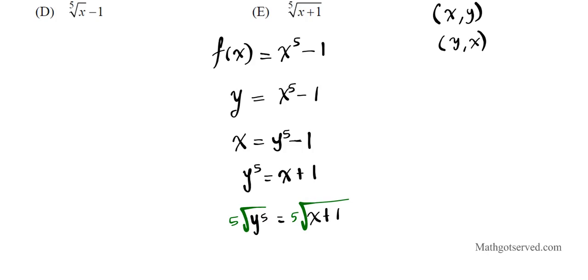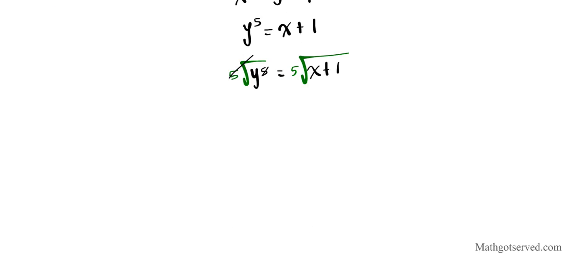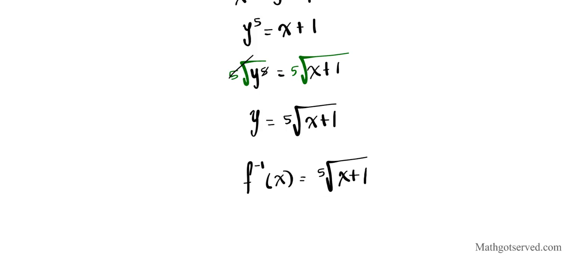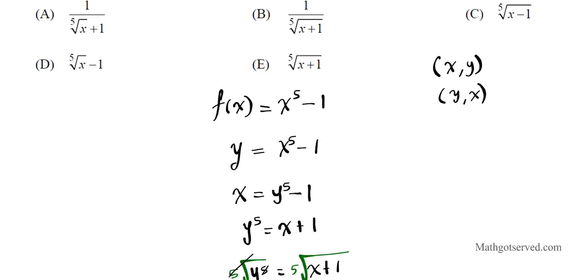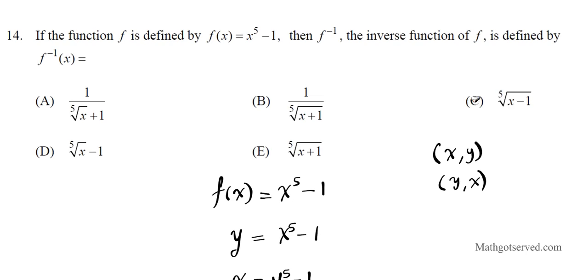All right, so this cancels out with that since they're inverse operations, and you have y equals the fifth root of x plus 1. And guess what? This is the inverse of the original function. f inverse of x is equal to the fifth root of x plus 1. Okay? So the answer to question number 14, let's see, is option letter E. So there you have it.